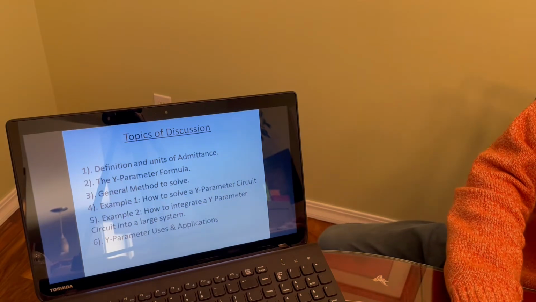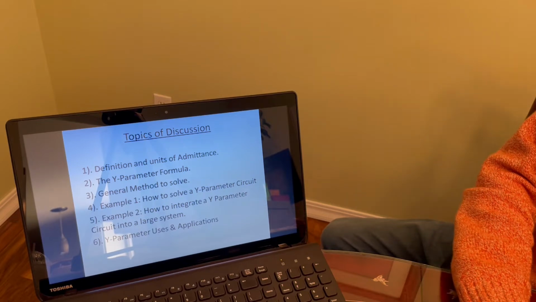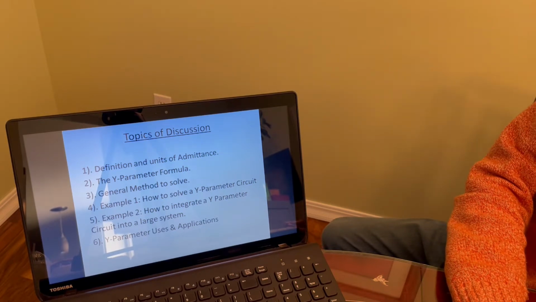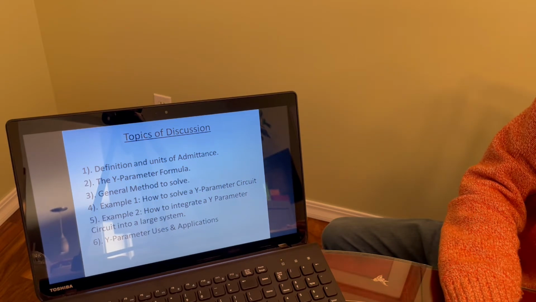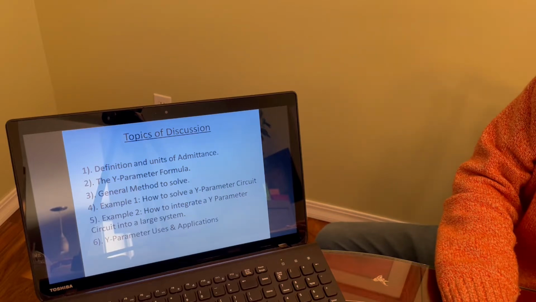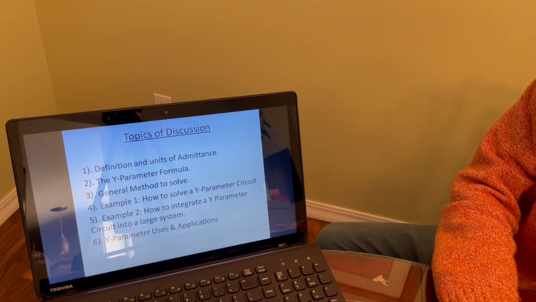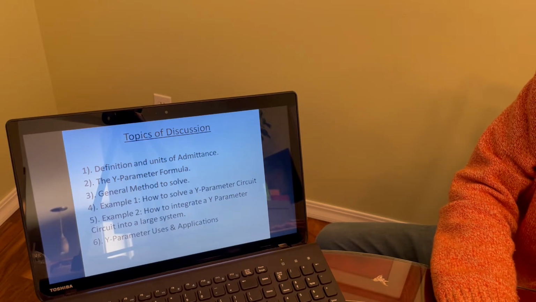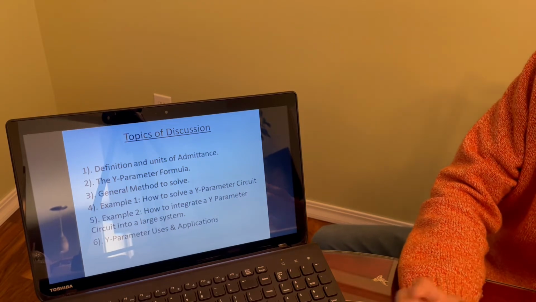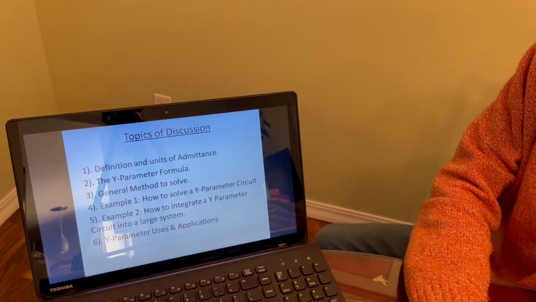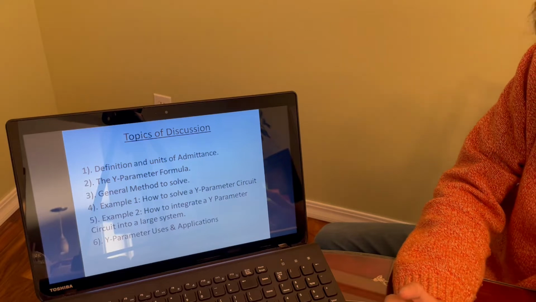The topics that we will discuss are first the definition of admittance and its units, followed by the Y parameter formula, then how to solve for the Y parameter matrix from a two-port system, followed by two examples, the first being how to solve for the Y matrix from a two-port linear network, and then two, how to draw that Y matrix into an equivalent circuit in a larger system to solve for an unknown value.